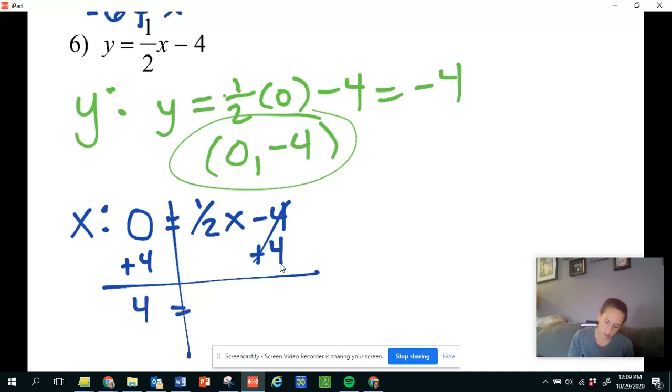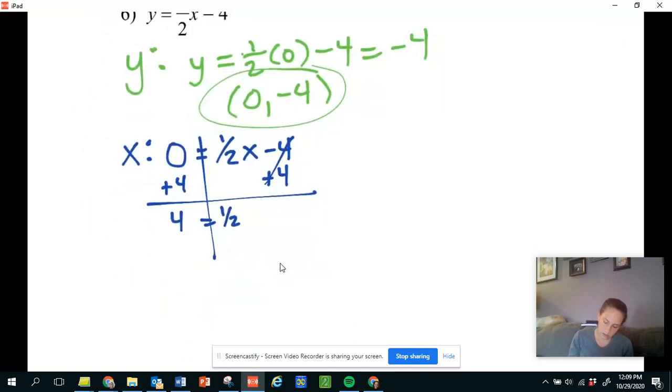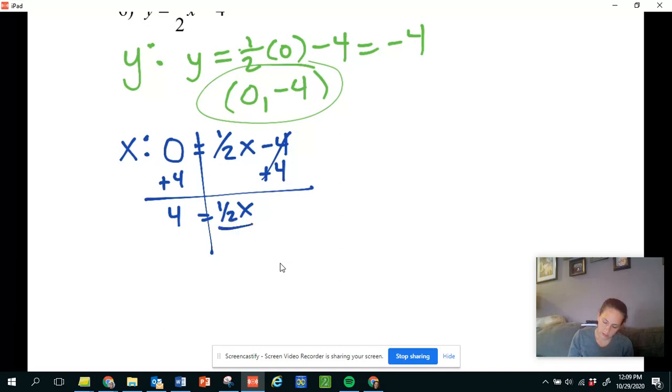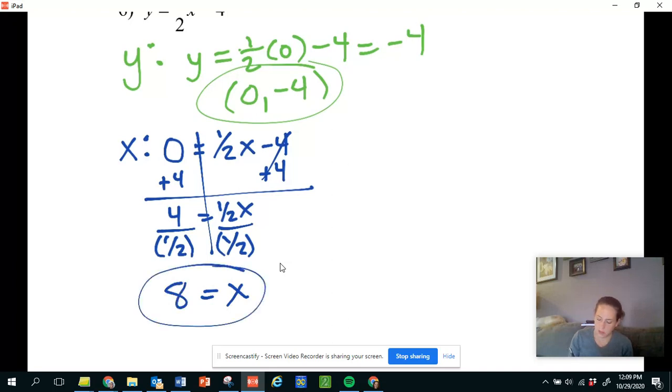I get 4 equals 1/2 x. So if I divide both sides by 1/2, it's essentially the same thing as multiplying by 2/1. I get x equals 8. So that means that my x-intercept is the point (8, 0).